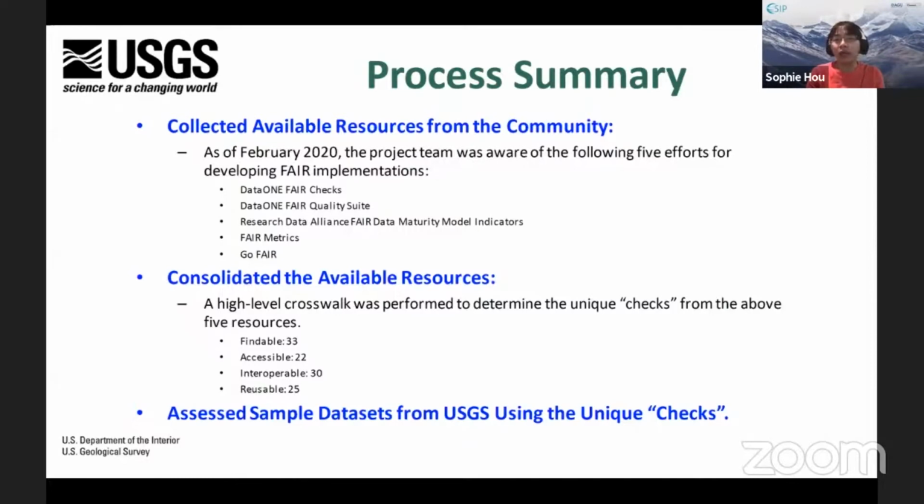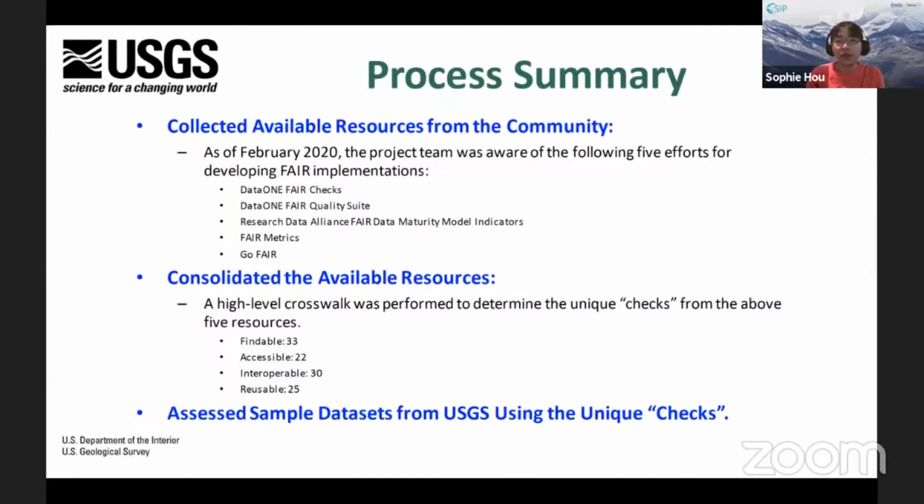So it was really difficult for us to apply all of them to our pilot data sets, and it would be impossible to do it in one go, since there are more than 120 checks in total. And so we decided to do a high-level crosswalk among all these 5 sets, so that we can understand what the unique checks would be that result from combining them.